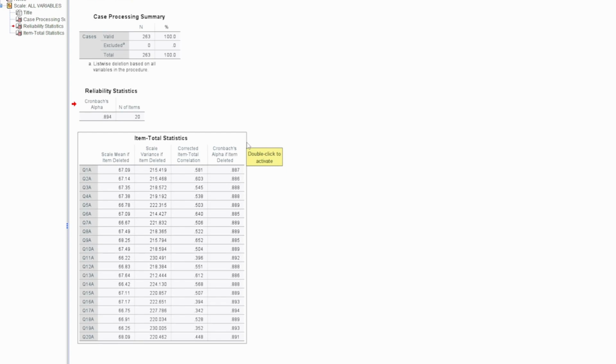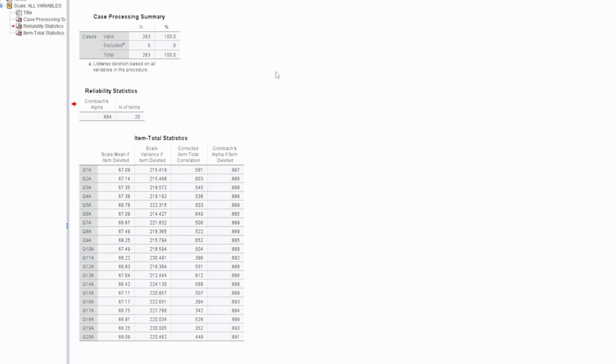They all do pretty well. In fact, I don't think there's any item that would, if deleted, increase the overall reliability. Actually, there is. No, there isn't. Never mind. So really, it's a pretty good scale. It's reliable, and the items all measure the same construct, which is Machiavellianism.